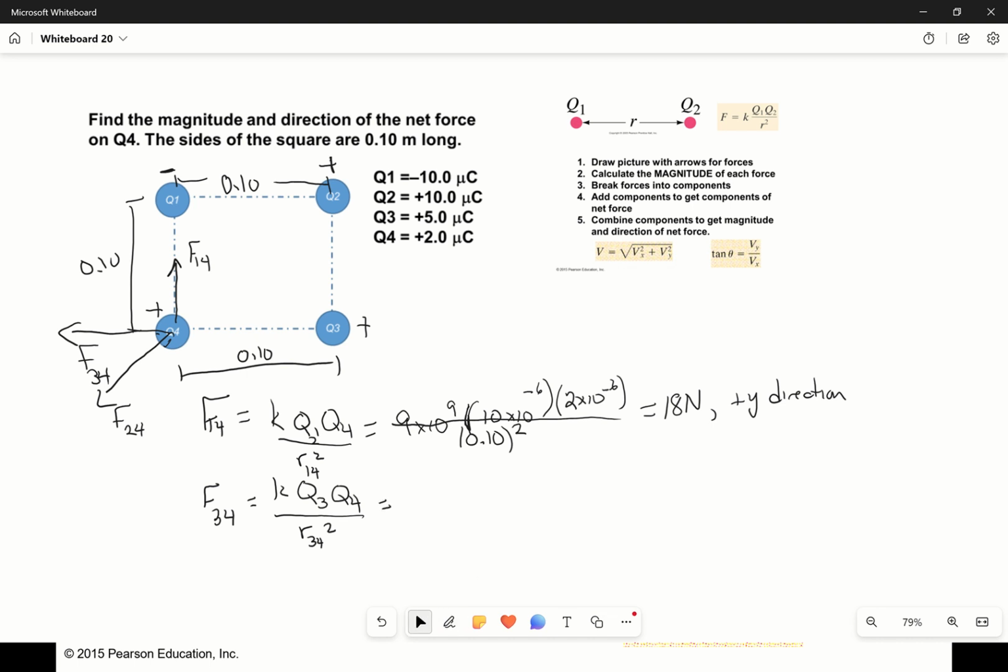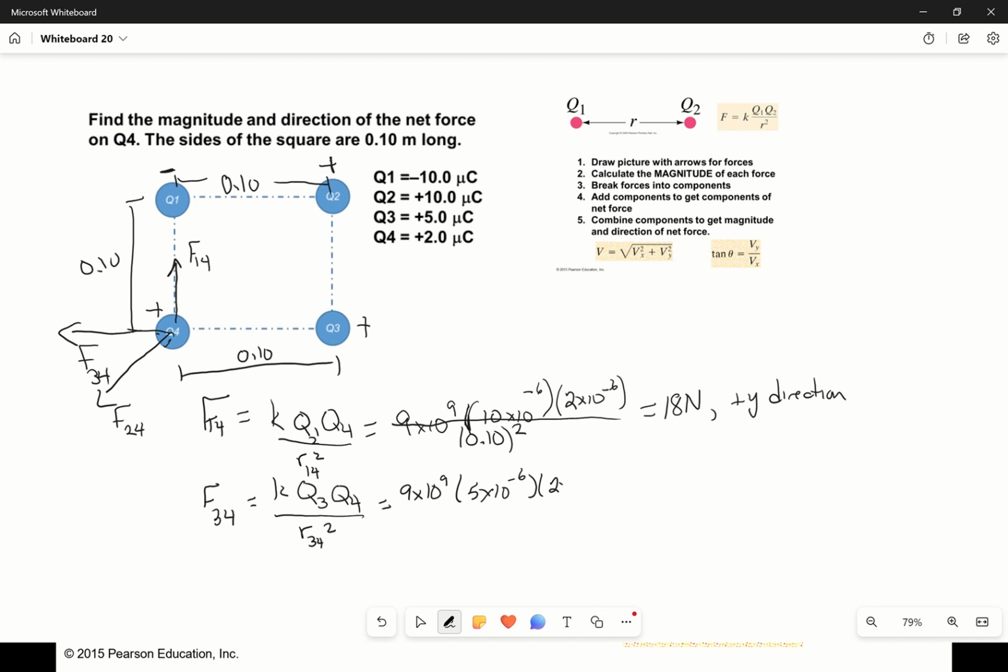Okay, so 9 times 10 to the 9 times Q3. Q3 is 5 microcoulombs. Again, micro is 10 to the minus 6.